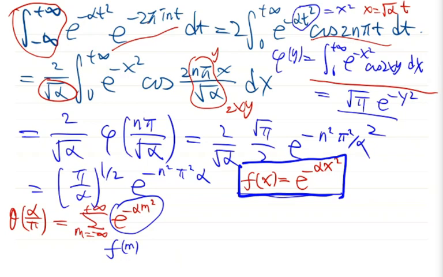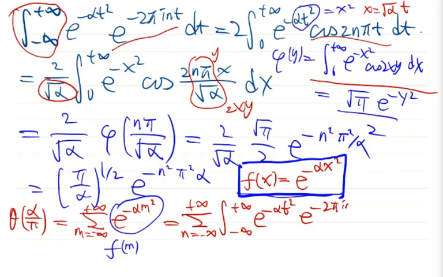This gives us, by Poisson summation, the sum over n from minus infinity to positive infinity of the integral of exponential of minus alpha t square, that is f(t), times exponential of minus 2 pi i n t dt.